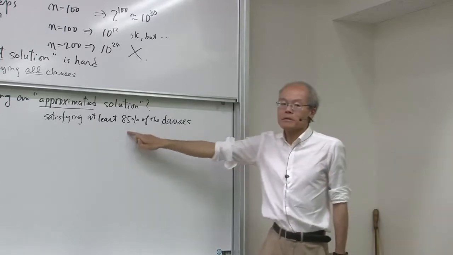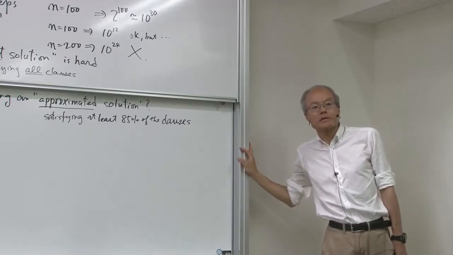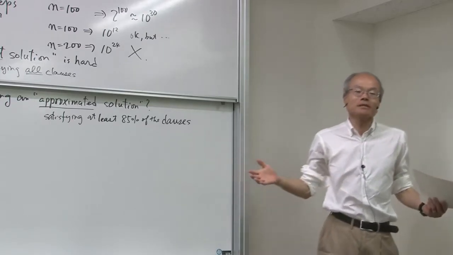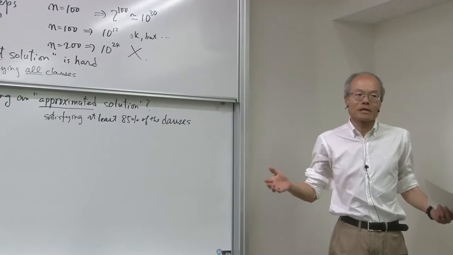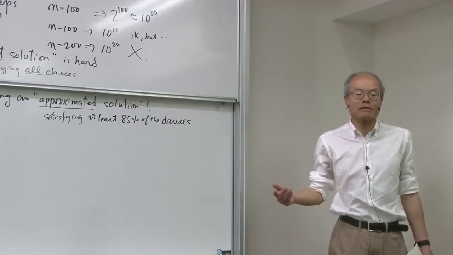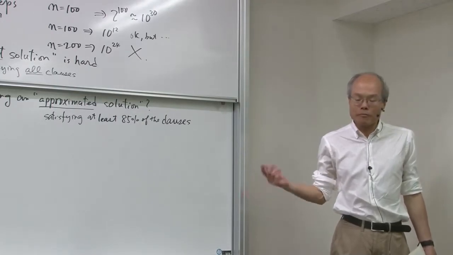What does it mean? If your solution satisfies 85% of clauses, that somehow means 85% of the people are happy. It's something like that. So the rest of the people would not be happy.